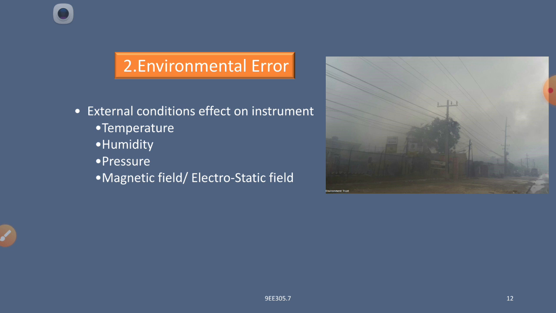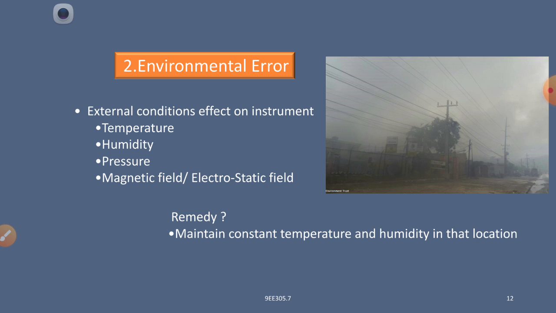What is the remedy? Maintain a constant temperature and humidity at the location where you are going to measure the values. In a laboratory, you have to maintain constant temperature, humidity and pressure in that room, so it will give an accurate reading every time.